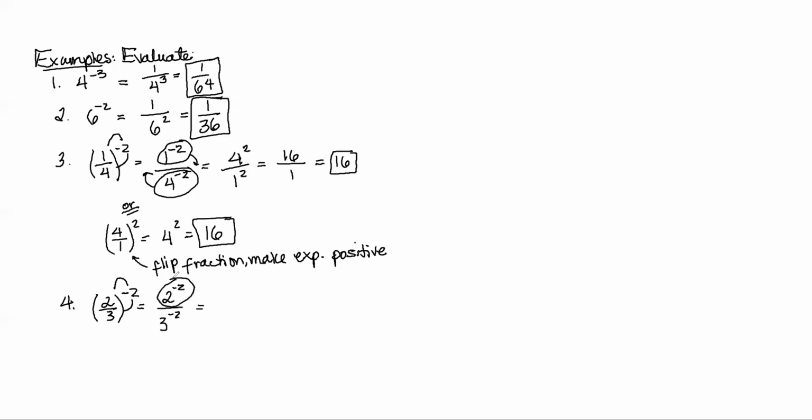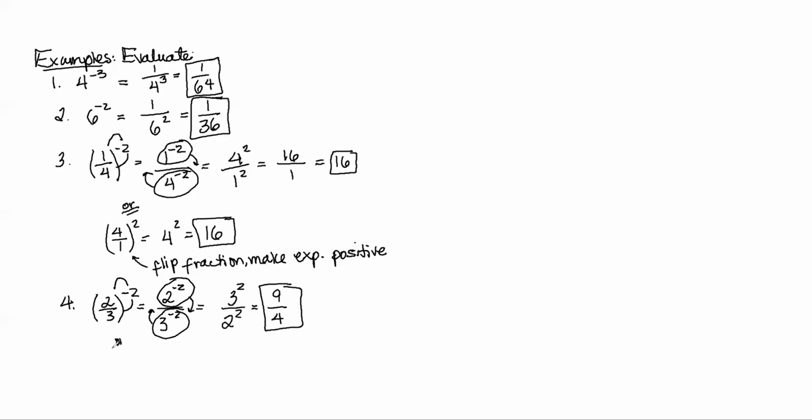And then any negative exponents need to be moved. So this one will go down, this one will go up. So we get 3 to the +2nd over 2 to the +2nd. 3 squared is 9, over 2 squared is 4. So even if you did this with the shortcut, you should have 9/4.